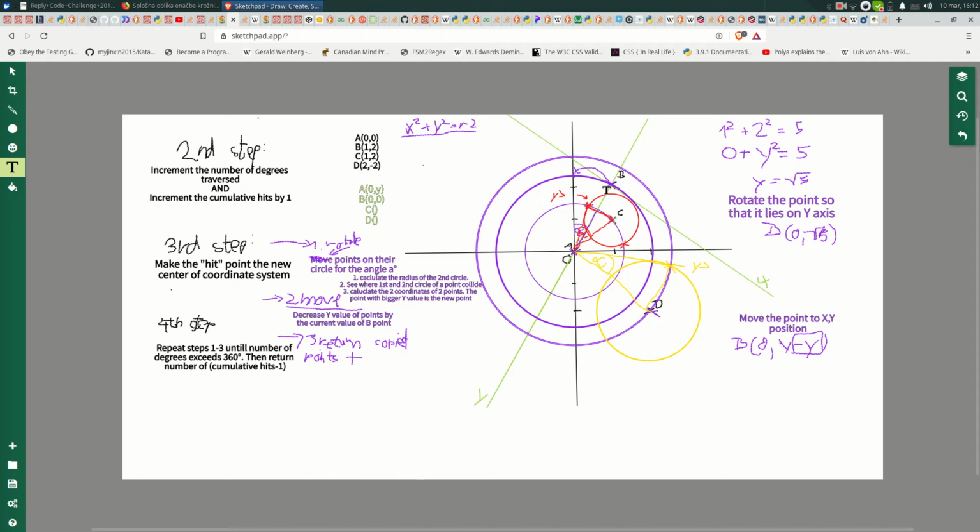See where first and second circle of a point collide. Okay.